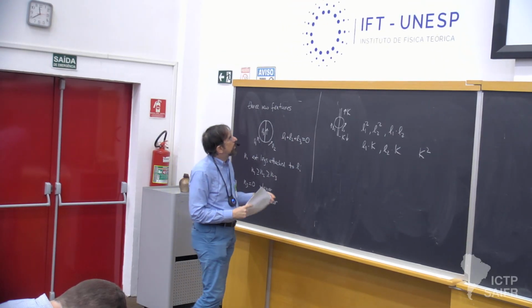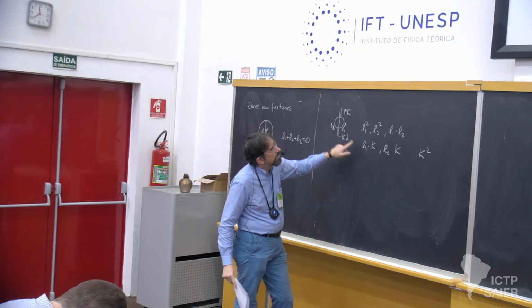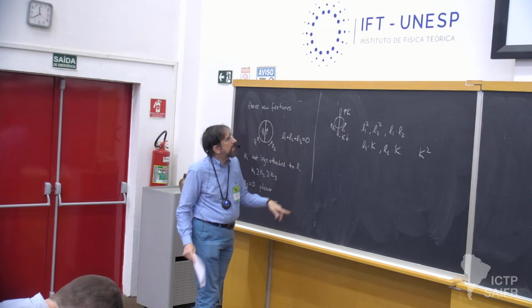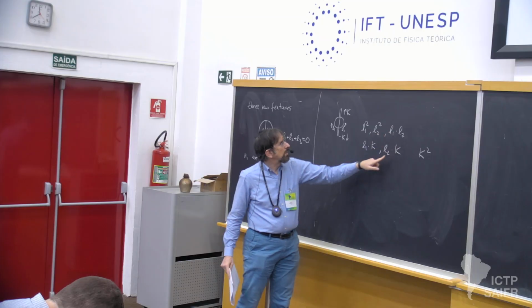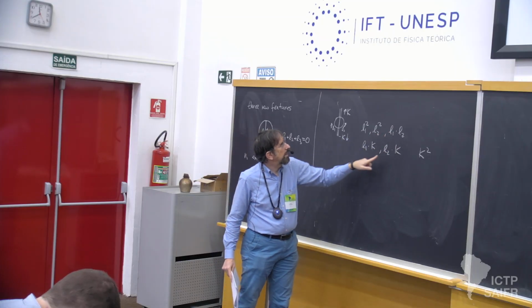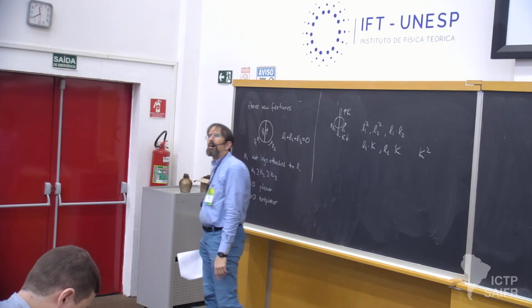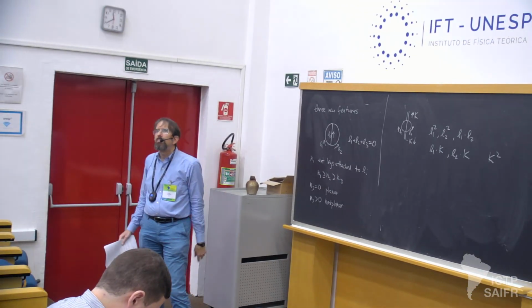But we only have 3 propagators, and so even with the help of the external invariant, we cannot write all of the invariants involving the loop momentum as differences of propagators up to some external invariant.